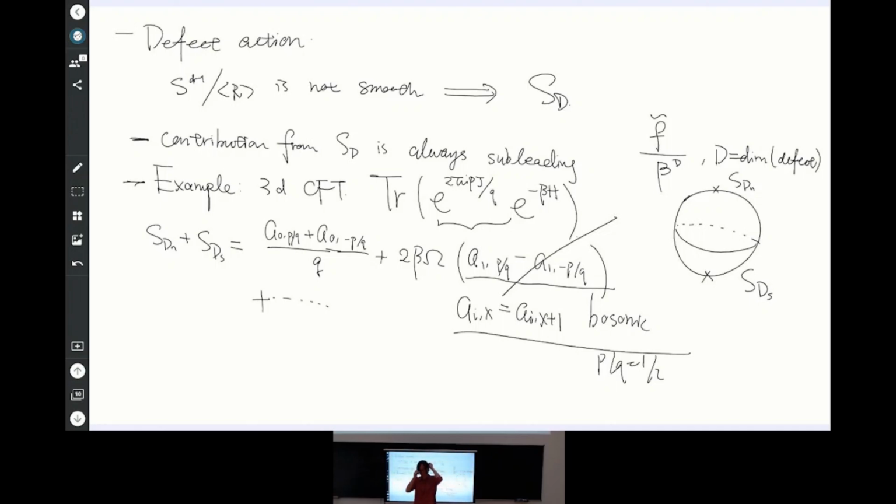Is there maybe a simpler version of this where instead of coupling to a non-trivial background metric, you could couple to a non-trivial, say, background field for a global symmetry? Oh yeah, yes. If a d-dimensional CFT has a global symmetry, then you need to introduce a new set of background fields in the d-1 dimensional quantum field theory.